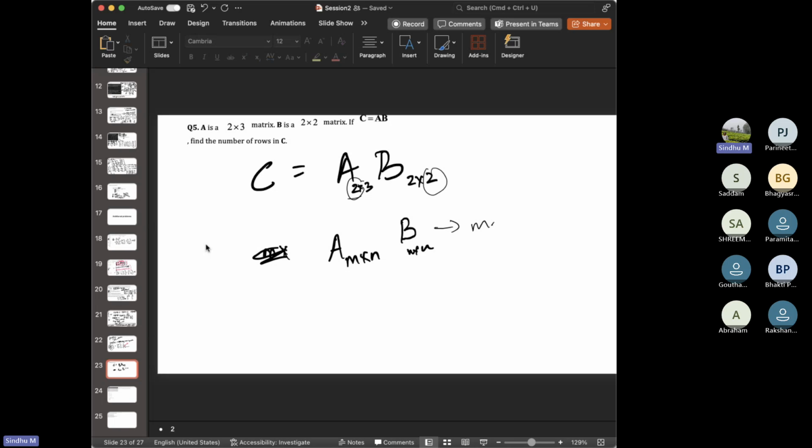So when you're multiplying a 2 cross 3 matrix with a 2 cross 2 matrix, you will get a final matrix which is 2 cross 2 in rows and columns. They are asking the number of rows in C. So the number of rows will be 2.